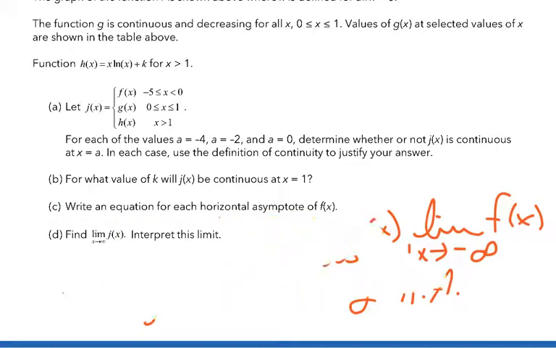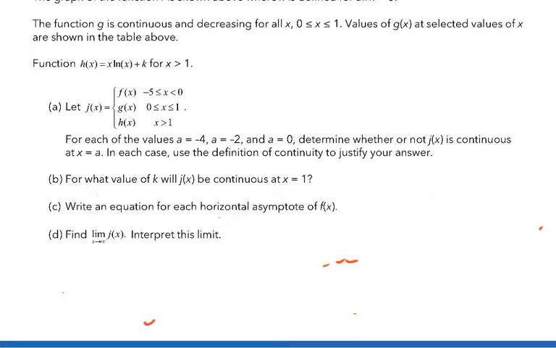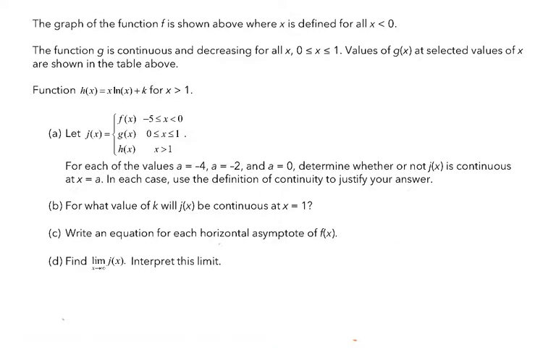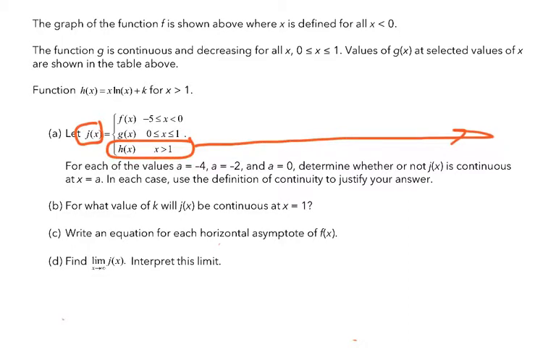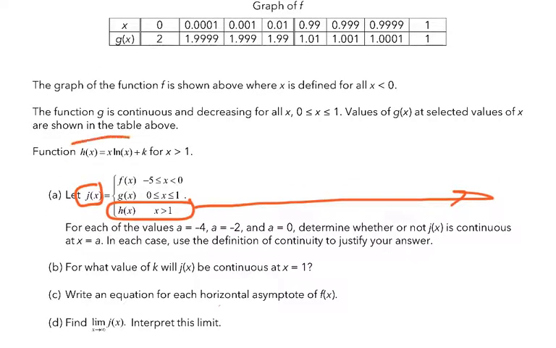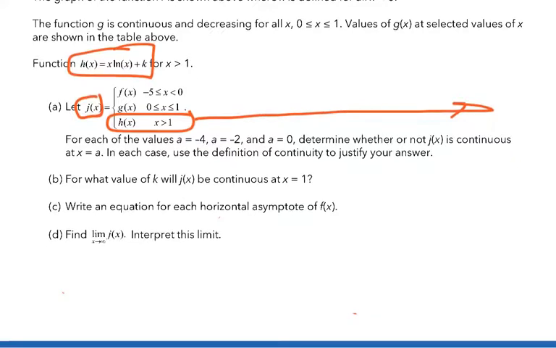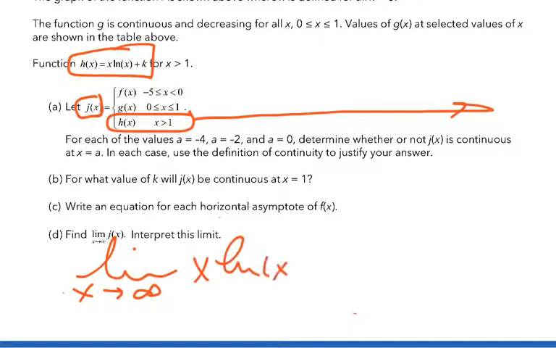Now we're going to take a limit as we approach positive infinity for j. All right, where's j? Here's j. I'm heading on out to infinity. That's going to put me on h everywhere past 1, so I'm heading on out on h. Let's send h to infinity. So the limit as x approaches infinity of x ln x plus k, right?